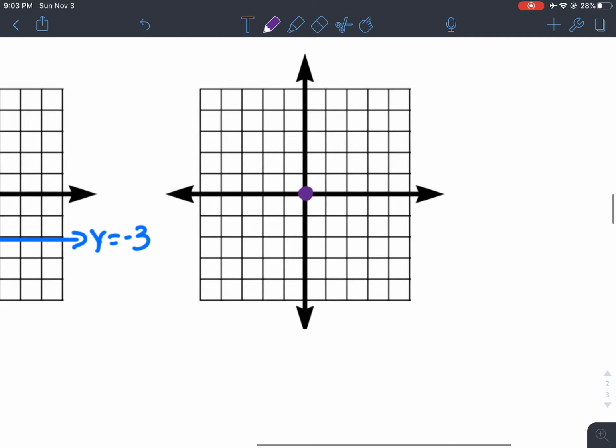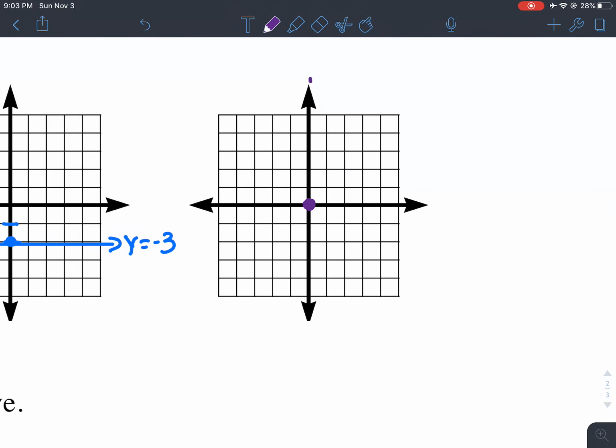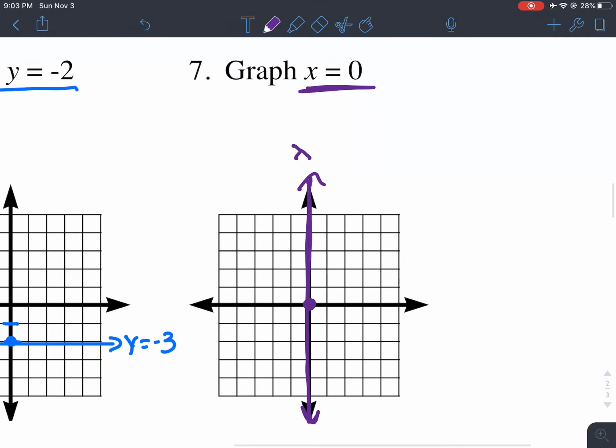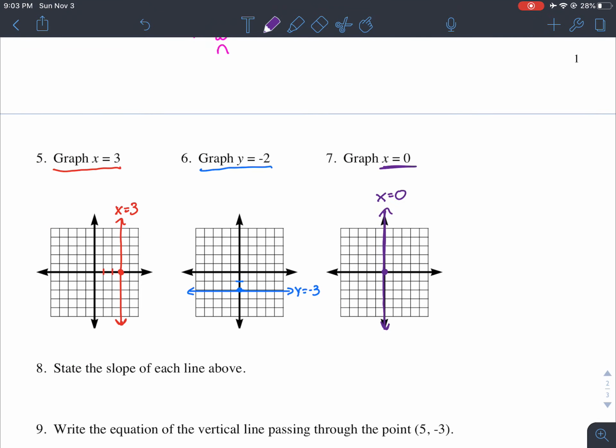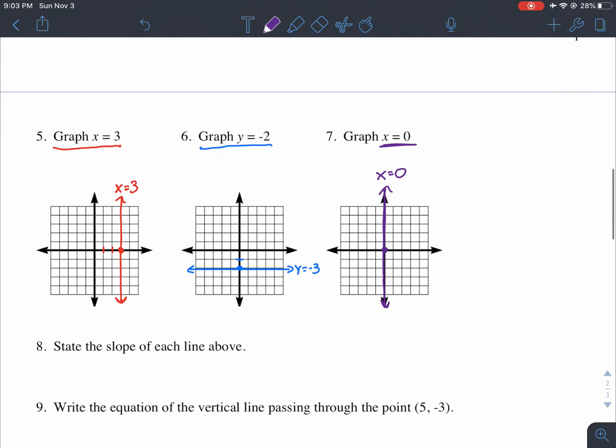So I'm going to draw a vertical line right through that point, which I can see not only is the line x equals 0, but we also call that the y-axis. So that would be how we graph.